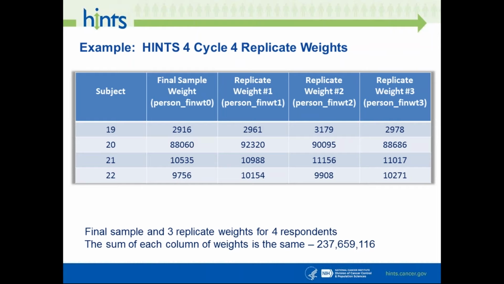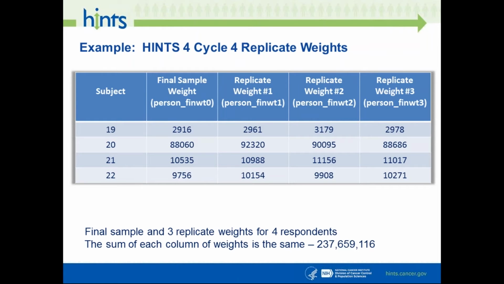Remember I was saying earlier that the sum of each column needs to add up to that population level estimate, right? So as you can see for HINTS cycle 4, what we knew from census was that in 2014, there were about 237,659,000, et cetera, adult, non-institutionalized people in the United States.